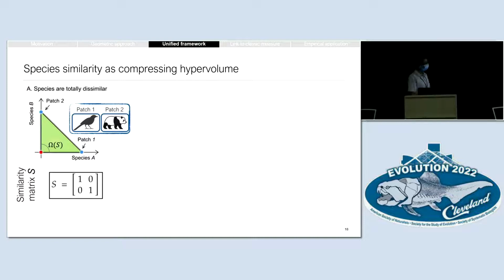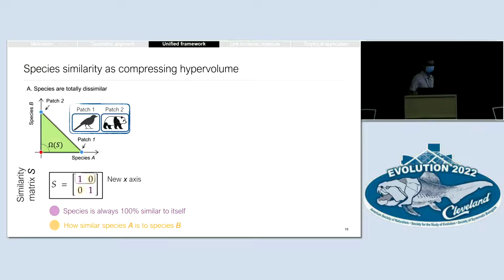In order to account for similarity, we introduce a similarity matrix, where the elements indicate how similar species are to one another. The diagonal of the similarity matrix is always going to be 1, because a species is always 100% similar to itself. And the off-diagonal elements represent how similar a species is to another species. Here, for example, we assume that all species are totally dissimilar, so it's always 0 in the off-diagonal.